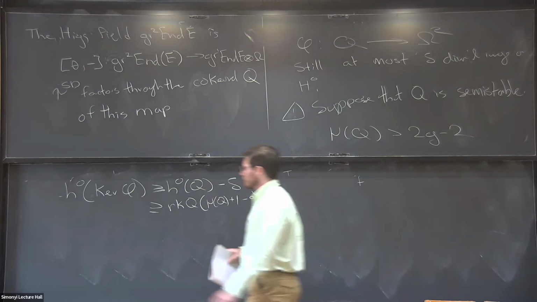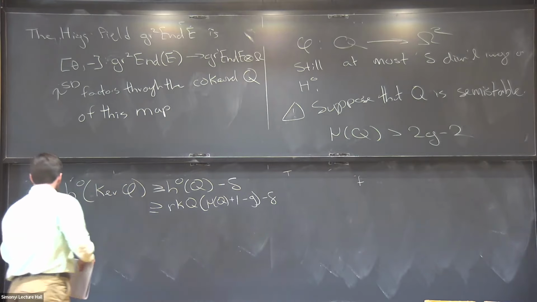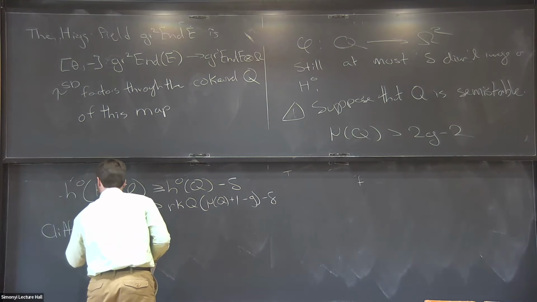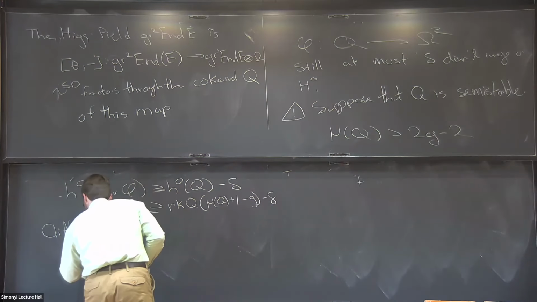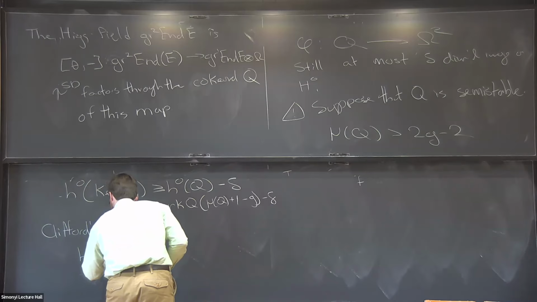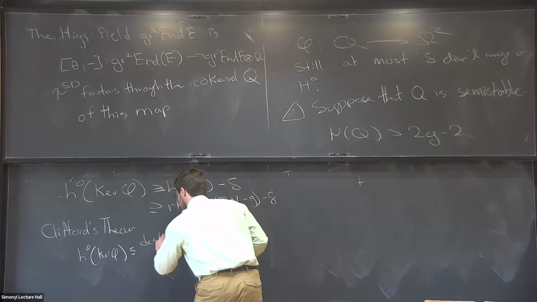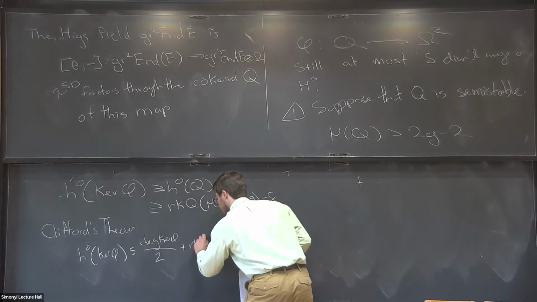On the other hand, there's Clifford's theorem for vector bundles that happens to apply in this case. So Clifford's theorem says that the H naught of the kernel is going to be at most the degree over 2 plus the rank.